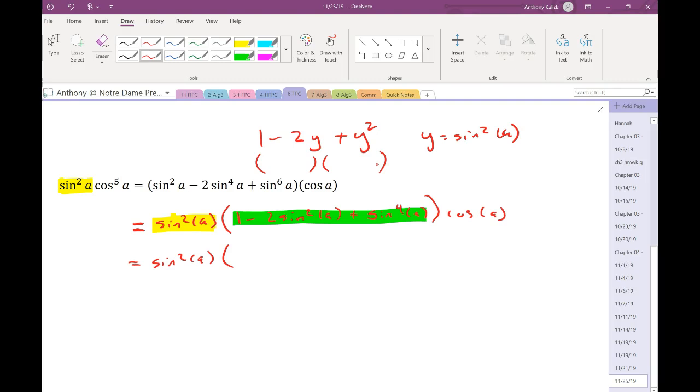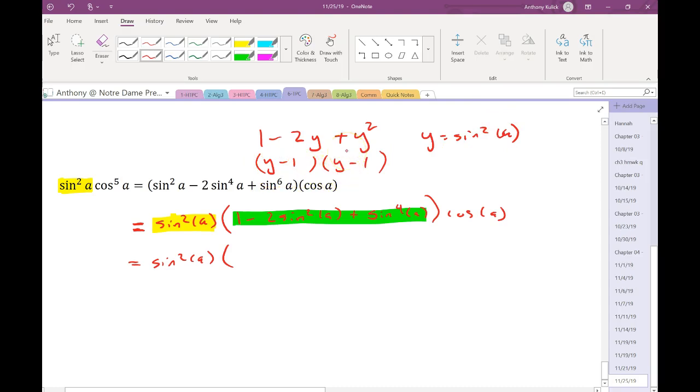So we need two numbers that multiply to give us 1 and add to give us negative 2. Negative 1, negative 1. So it's probably tempting to write it this way, right? But remember, y is sine squared. So you'd have sine squared minus 1.